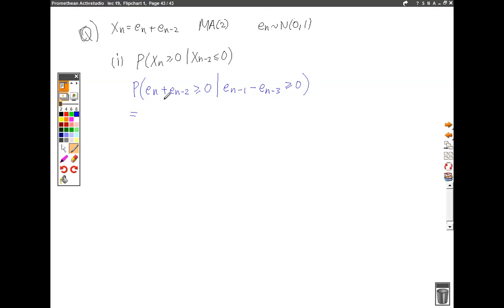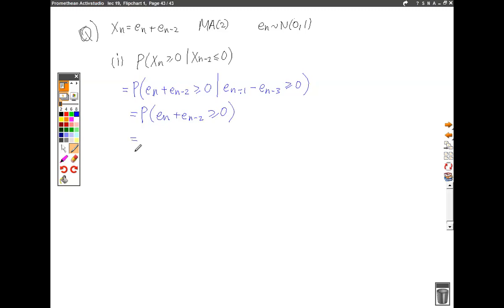So now I can easily see that the things that I'm conditioning upon are εn−1 and εn−3, and what I'm looking for is εn plus εn−2. So I know that my εn−1 and εn−3 are clearly independent of the values that my εn and εn−2 will take, right? So I can just carry this forward as it is. I will have εn plus εn−2 greater than or equal to 0 here.